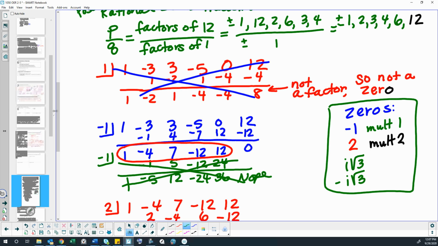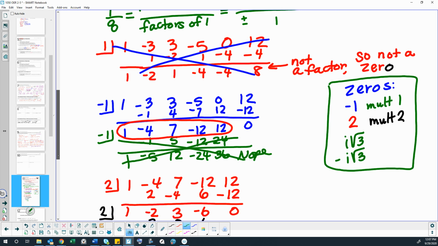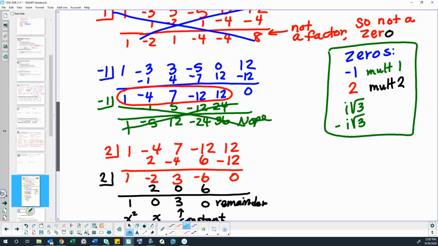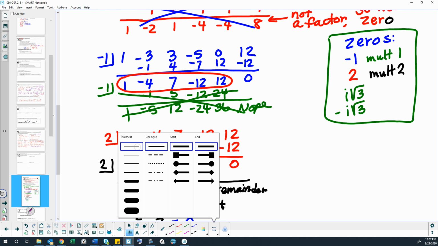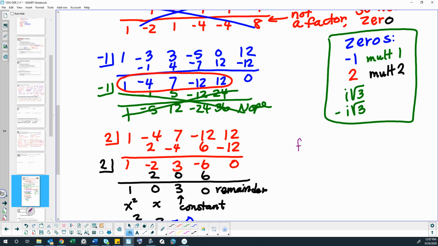Now we just need to write our polynomial in factored form using those zeros. So f of x equals x minus a -1. So what happens if you subtract the -1? x plus 1.